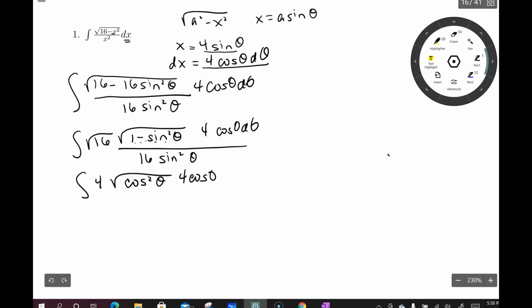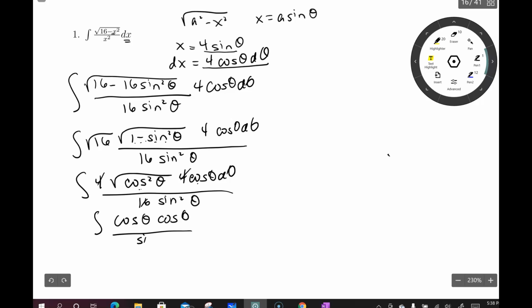There's another 4, and 16 sine squared theta. Well, look at that, all the numbers go away, don't they? The square root of the cosine squared gives me a cosine. So this gives me cosine, this gives me a cosine, and then I have this sine squared theta.